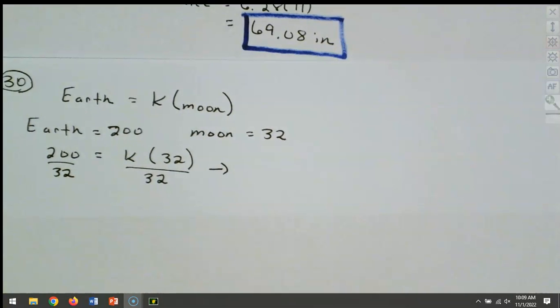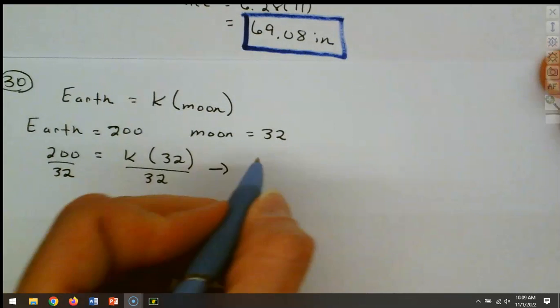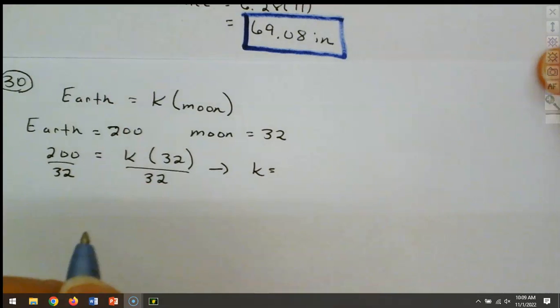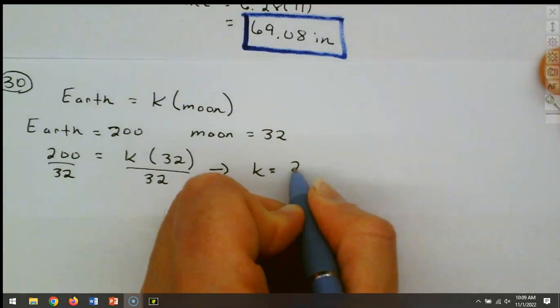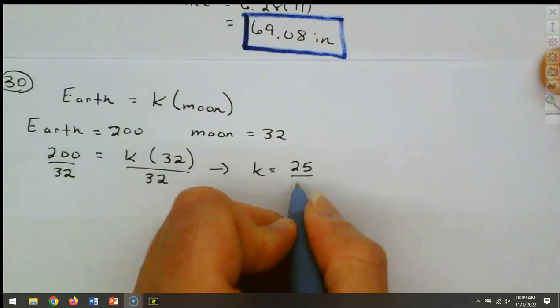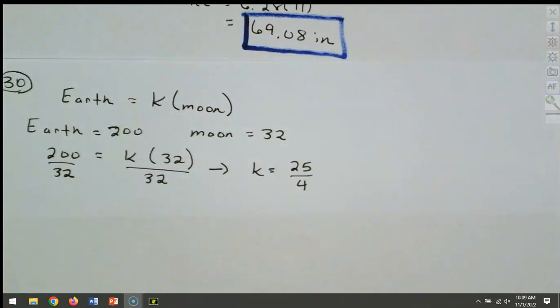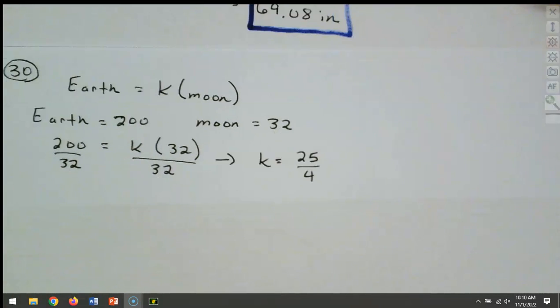You can either use a decimal or a fraction. It really doesn't matter. I'm just going to go ahead and reduce that down. So if I reduce that fraction down, it looks like it's going to be 25 over 4, if I reduce it down by a factor of 8, because 8 should go into both of those. So that's my new value of K.